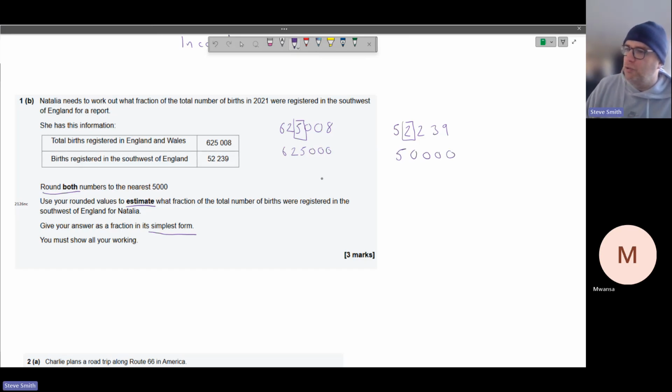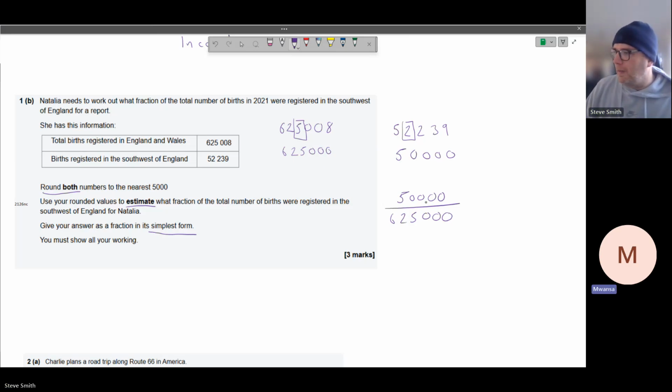So our fraction looks quite big. 50,000 over an even bigger number, 625,000. So we've straight away got a huge fraction on our hands here. We have to shrink it to its simplest form. So 50 over 625.